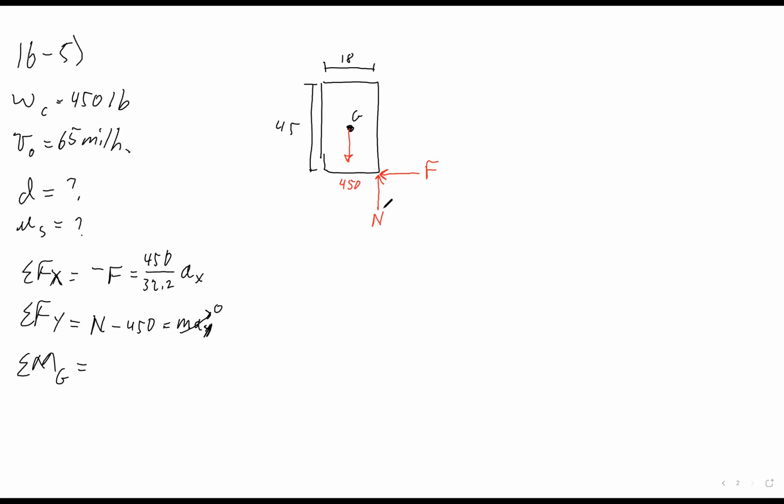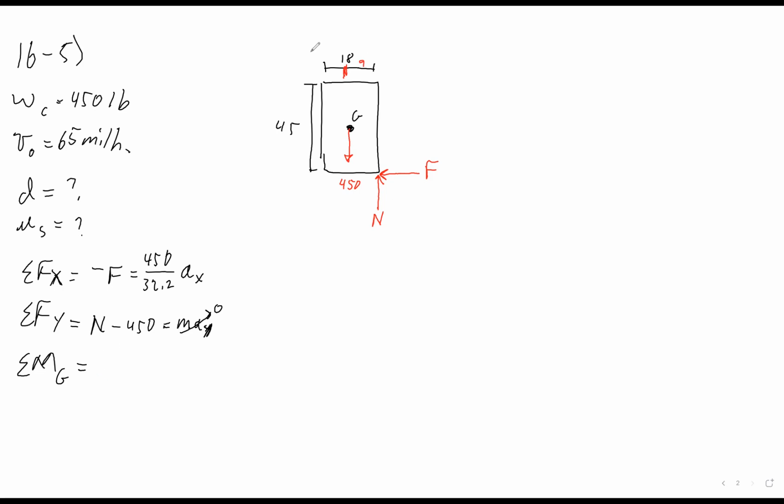The corner of the crate is the contact point that is basically taking all the load, because the rest of the bottom of the crate is right about to lift off the bed of the truck. Hasn't yet, but it's just about to. So that puts the normal force half the distance away from the center of gravity, which is 9 inches. So that puts us at the normal.